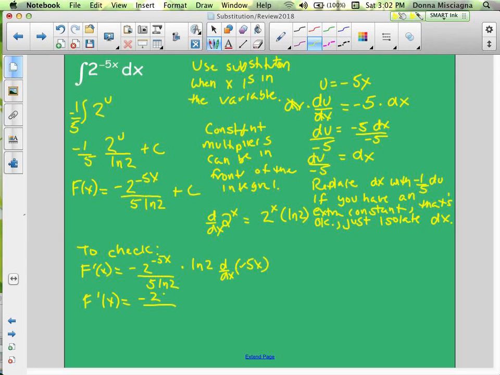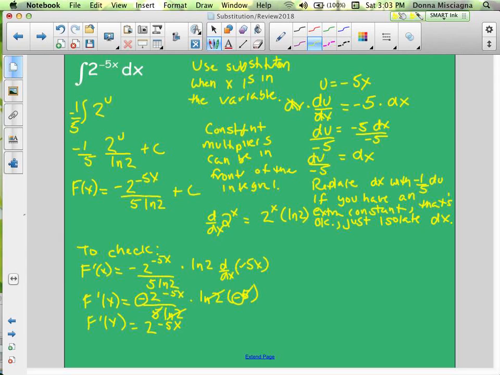So negative 2 to the negative 5x divided by 5 natural log of 2, times natural log of 2, times negative 5. Now the 5 cancels, the natural log of 2 cancels, and we've got a negative times a negative, which is a positive. So f prime of x equals 2 to the negative 5x.